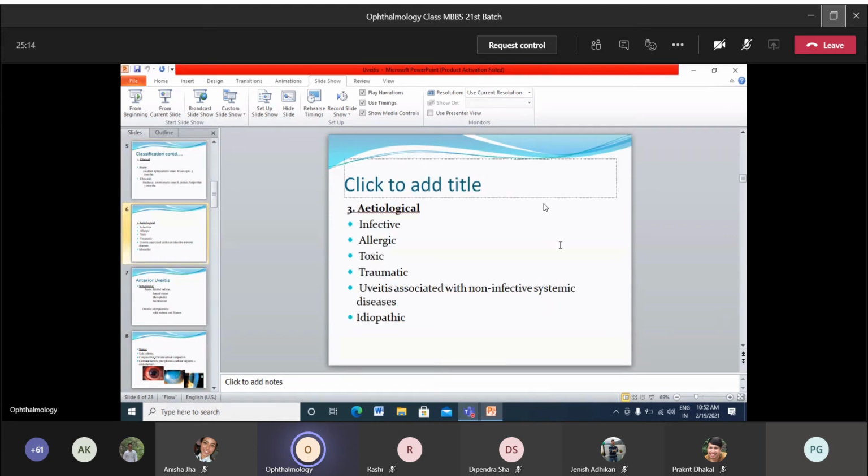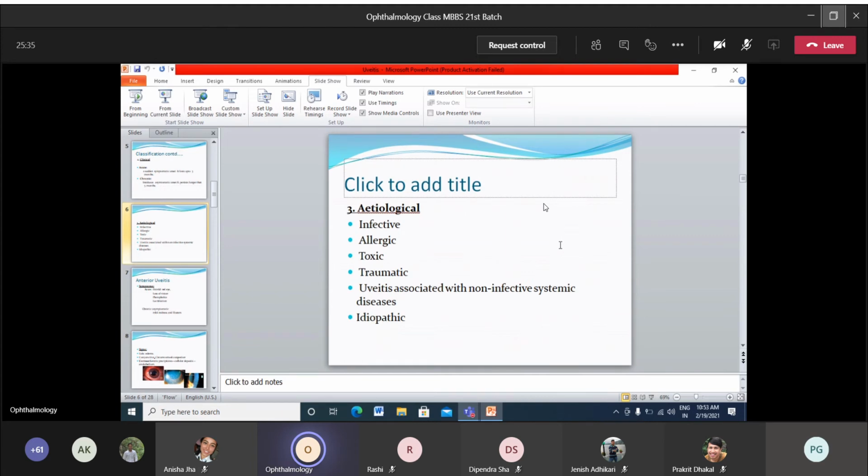Now coming to the etiological classification, these are a few of the etiological classifications. Infective, as we all know, bacterial, viral, fungal, mainly those. Allergic, and toxic due to certain drugs. Traumatic, which is quite common. In cases of blunt trauma you get to see this type of uveitis.